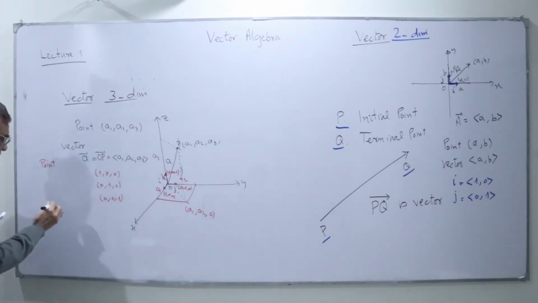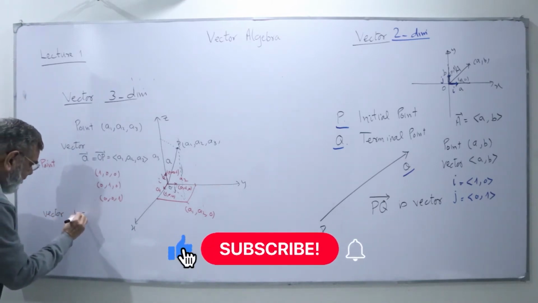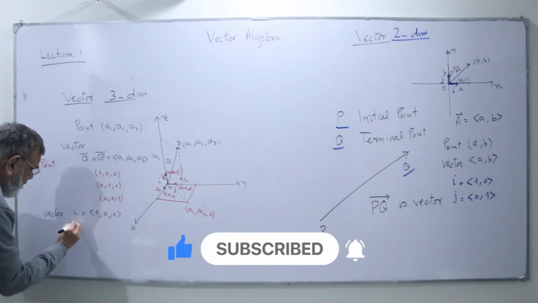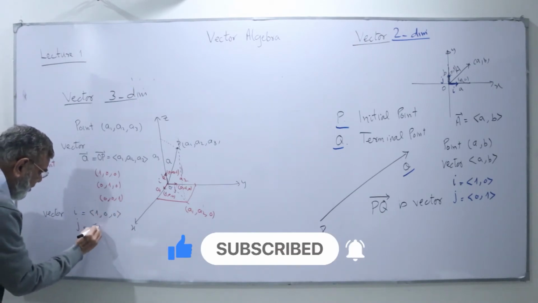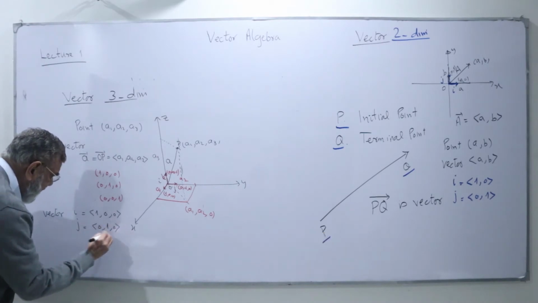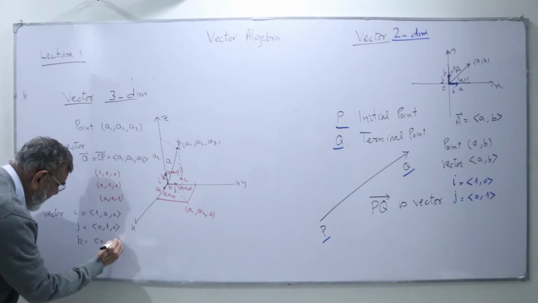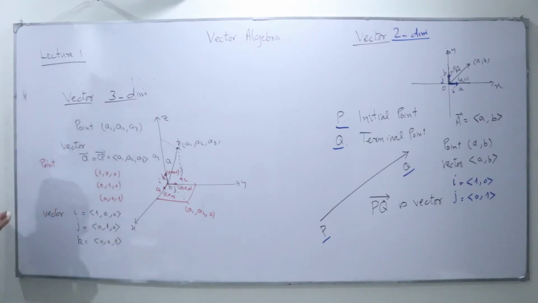My vector i is (1, 0, 0), this is my j, (0, 1, 0), and this is my k, (0, 0, 1). I will discuss further that this is the set of unit vectors in 3 dimensions, and why we call them unit vectors.